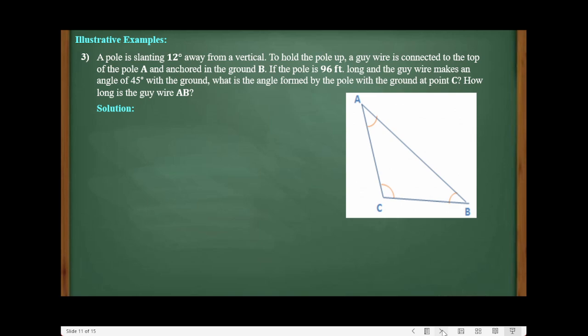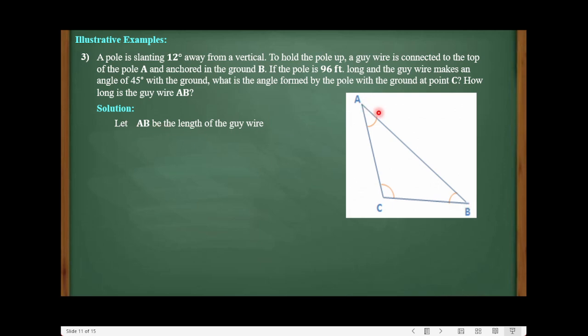So this is the oblique triangle. Now, from this simple drawing of an oblique triangle, which is obviously an obtuse triangle, let AB, this one, be the length of the guy wire.